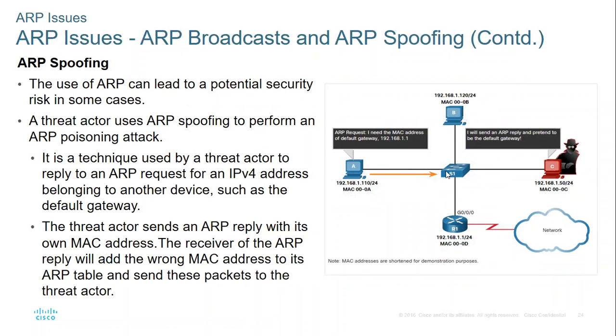Okay, so this is what I was talking about, ARP spoofing, a potential security risk, whereby if the hacker has got access and these PCs are sending ARP requests, ARP broadcasts, he can capture that information, manipulate it, and feed these PCs fake information that he is the default gateway, meaning all the traffic has to pass through him.